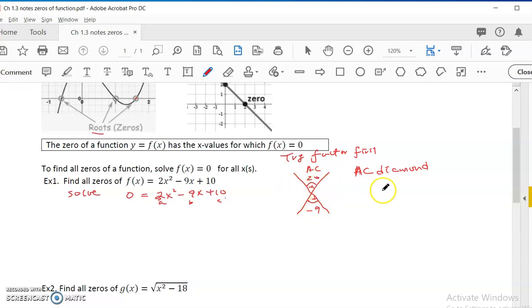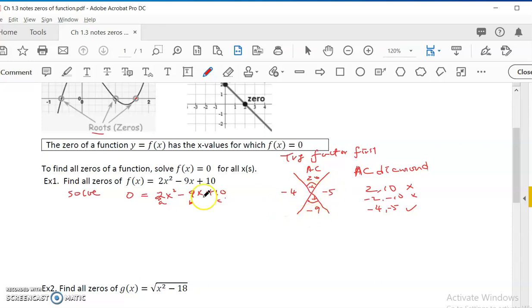We can have 2 and 10. They multiply to 20, but when you add them, they're not 9. Can I do negative 2 and negative 10? That's also not good. But 4 and 5 works, because with negative 4 and negative 5, when you multiply them, they are 20, and when you add them, they're negative 9.